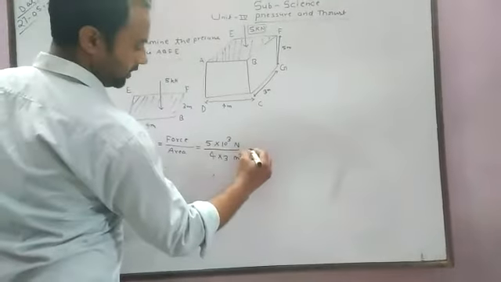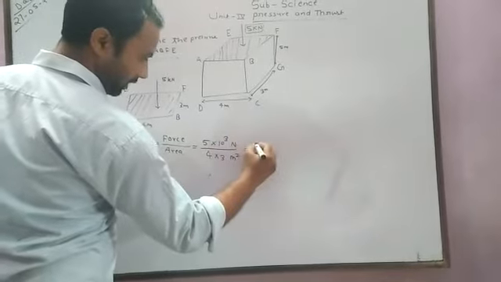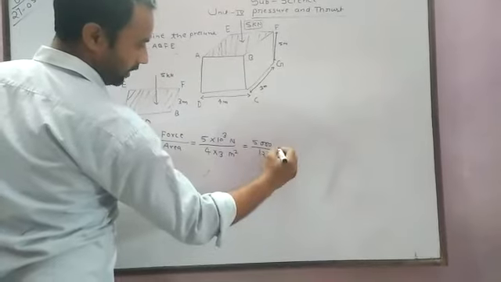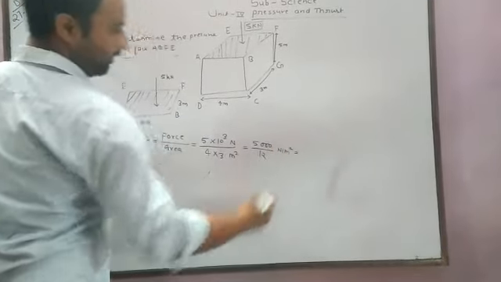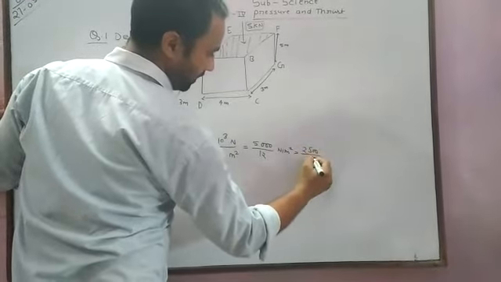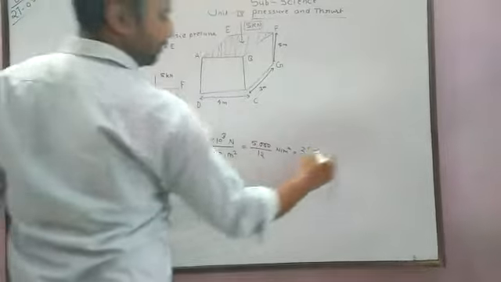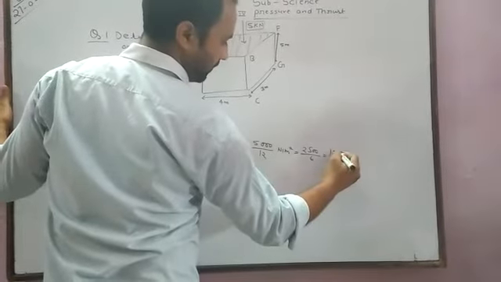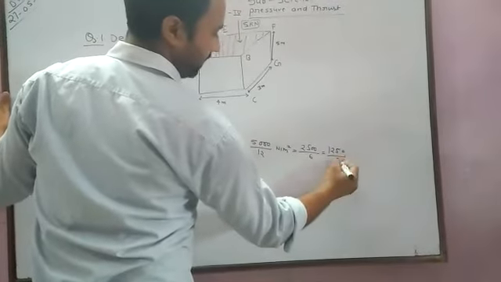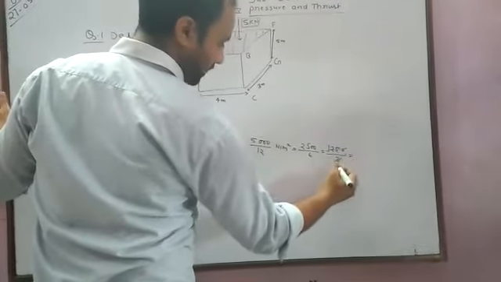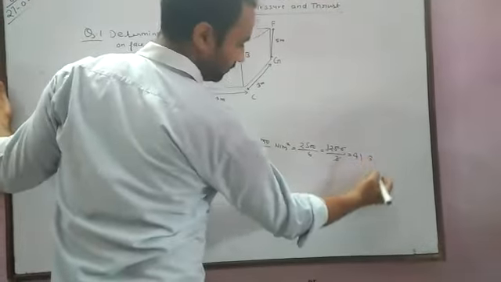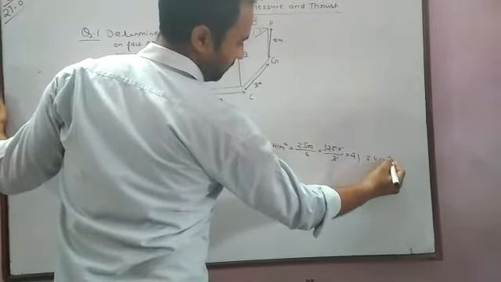Now we have to solve this. This value is 5000 divided by 12 Newton per meter square. If we solve this, it is 2500 divided by 6, and also 1250 divided by 3, and if we solve these values, Newton per meter square.